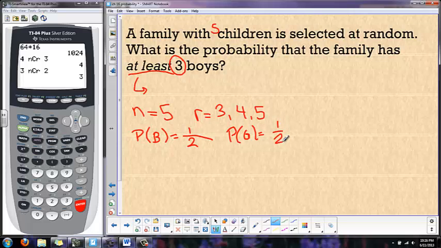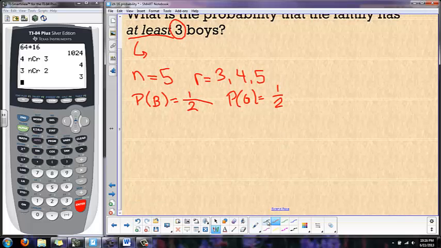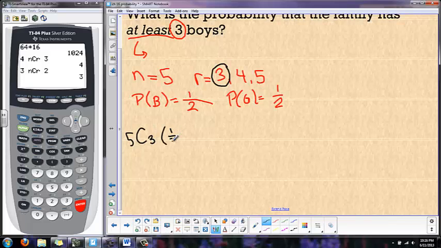Now let's go through and set up each of those equations, and there's going to be 3 of them. So like I said, let's just forget about the 4 and the 5 for right now. Let's just focus on r equal to 3. I'm going to set up my equation just like normal. 5 choose 3, my probability that I get a boy and the probability that I get a girl.